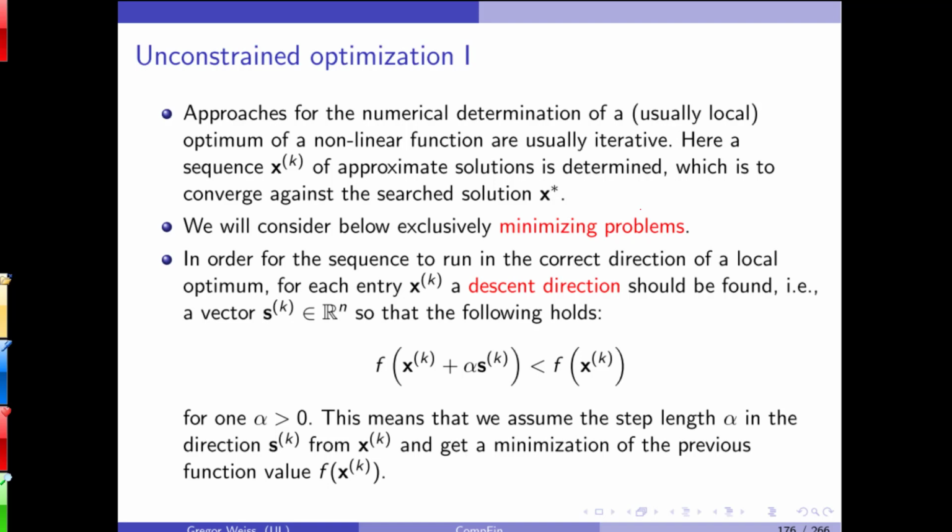Okay, we'll start with the basic case of unconstrained optimization. Most approaches for determining numerically the local optima are usually iterative. So you'll use a sequence of solutions that should give you better and better function values, smaller function values if you're minimizing.